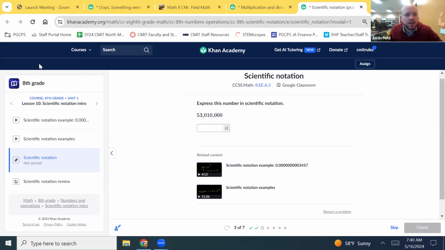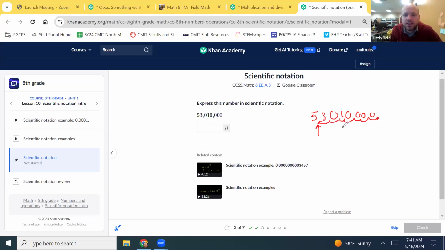Express this number in scientific notation. Okay, so now we're just going to do that same process backwards. Still, we want to know how many times I have to move the decimal to get it into the form that I want. So the decimal point, if we wrote one, would be right here. And we want to put it right here so that there's only one space. 1, 2, 3, 4, 5, 6, 7.